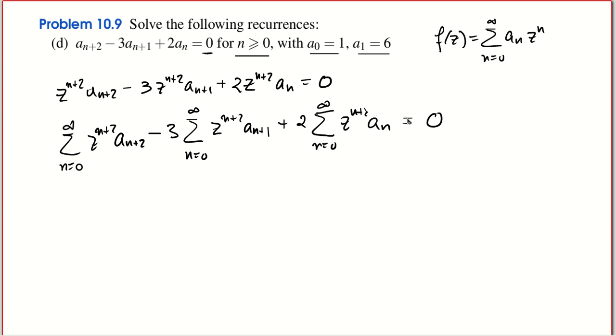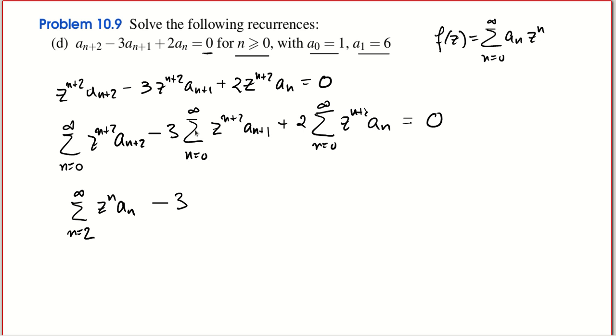Now we're going to shift the index here. So we have the sum from 2 to infinity z^n a_n. We're increasing 2 units here, so decreasing 2 units here. Now in this case, first there's a mismatch between the exponent and the index. This is n plus 2, this is n plus 1.